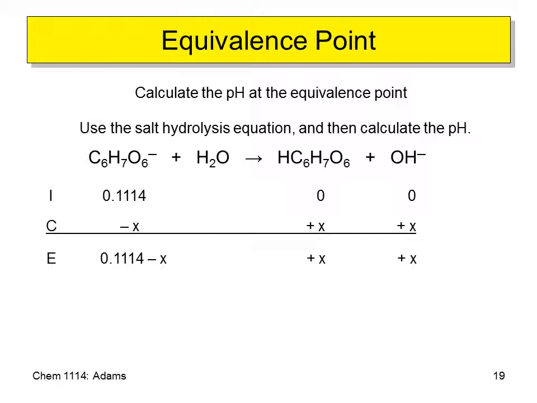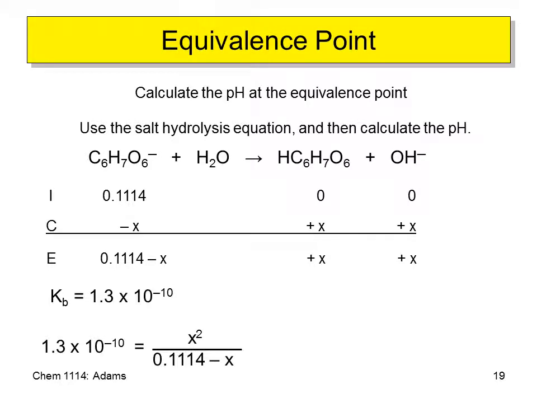The fourth and last step in this procedure is to use your K equation. I'm going to use the Kb here because I see the hydroxide ion present in the products. I'm going to set that equal to the concentration of the products divided by the concentration of the reactants. And I'm going to take that small x in the denominator to 0 and solve for x.